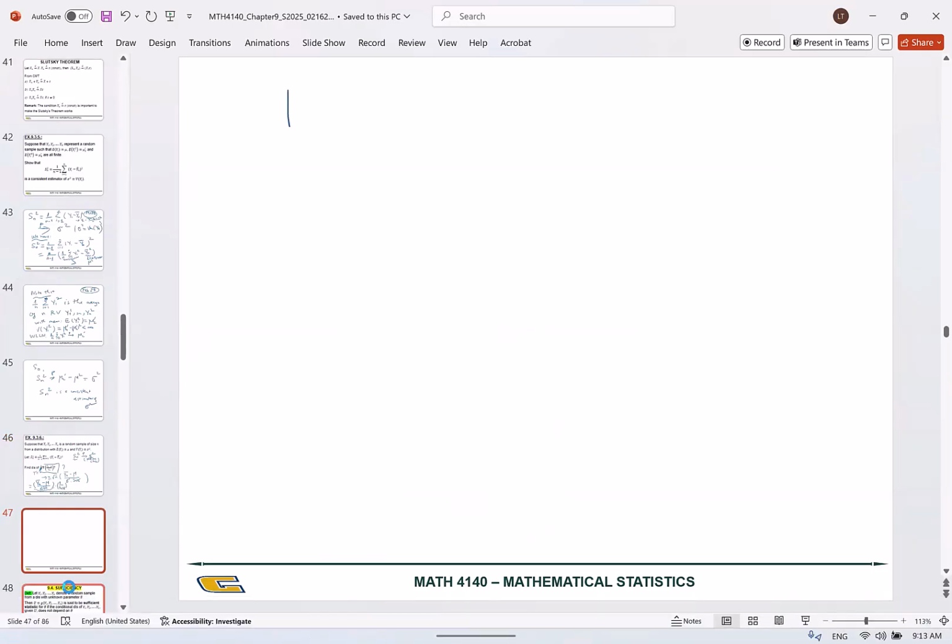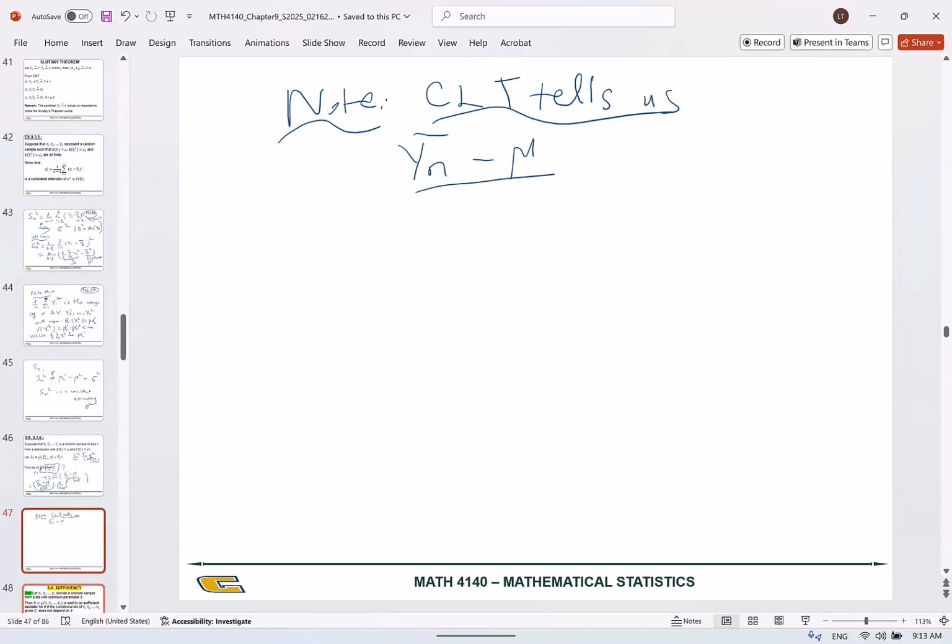Note that the central limit theorem tells us that square root n times Yn bar minus mu, divided by sigma, converges to a normal 0, 1. So this is what we have from the central limit theorem.